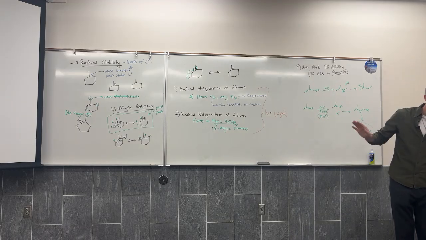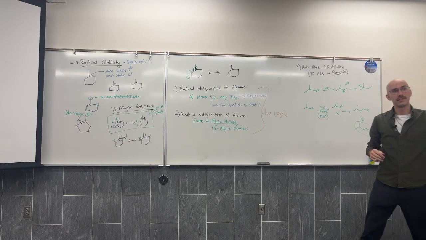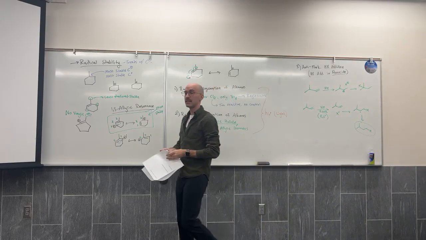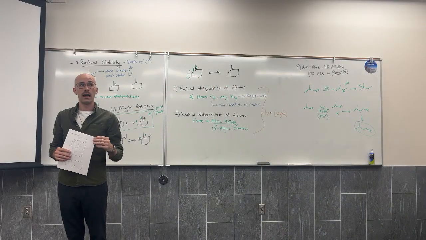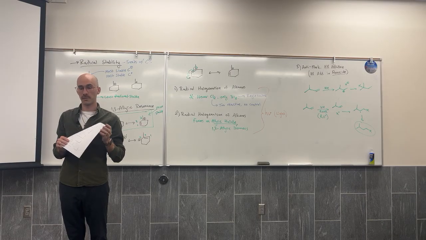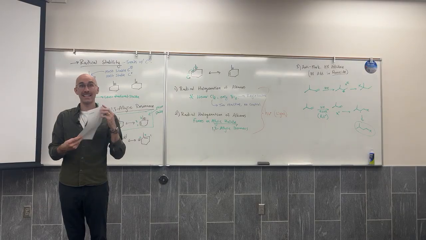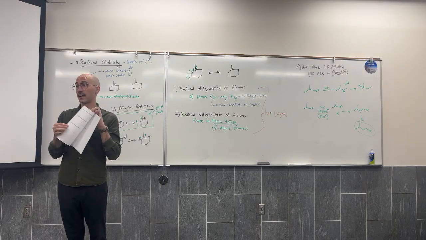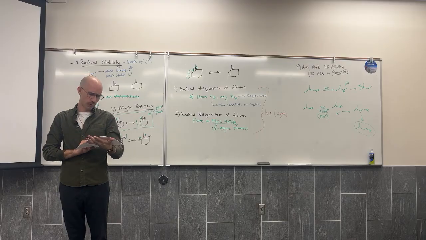Listen, I could take the time to draw these mechanisms, but I will not be testing you on these mechanisms. So what I could do instead, we've got 15 minutes remaining, and the only thing left that I want you to do is apply these reaction diagrams to the two roadmaps.